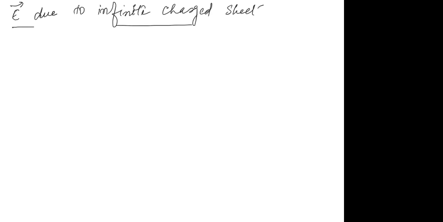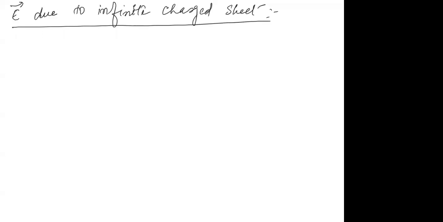So write the topic: electric field due to infinite charge sheet. Electric field intensity due to infinite charge sheet. This is what we are going to derive now. Okay, sir?